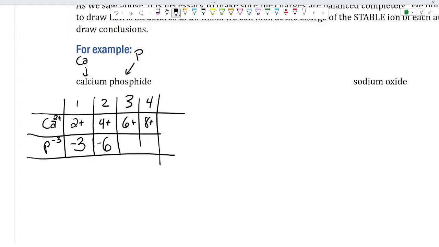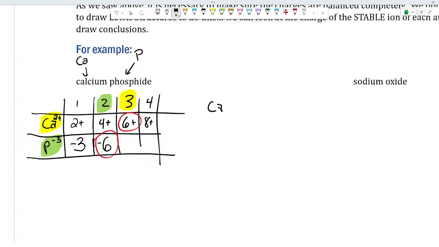So there's no math trick here. You're actually just saying, what would it look like if I drew this? I'll never do this again, but I could actually draw this quickly. 3 calciums gives me a charge of plus 6, which should cancel perfectly with 2 phosphoruses, because that will give me a charge of minus 6. The whole point of doing this is not to draw it, but just to show you that it works.